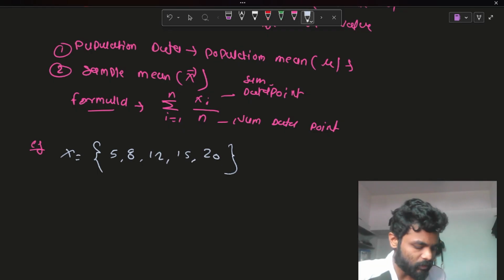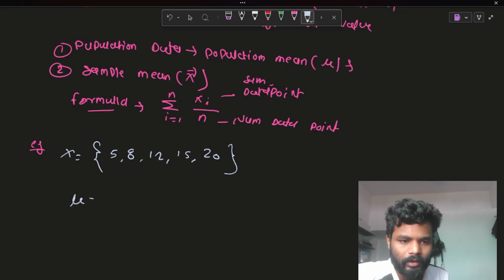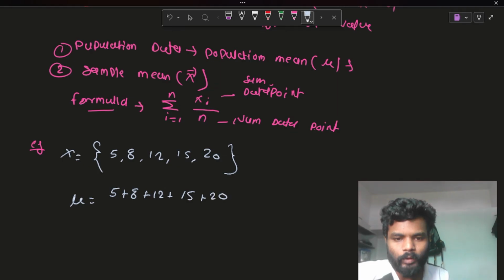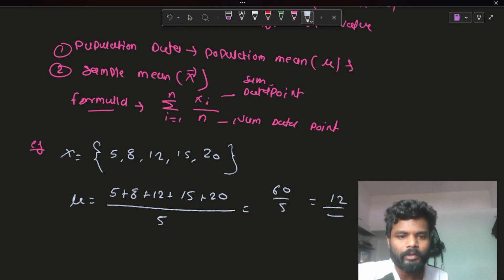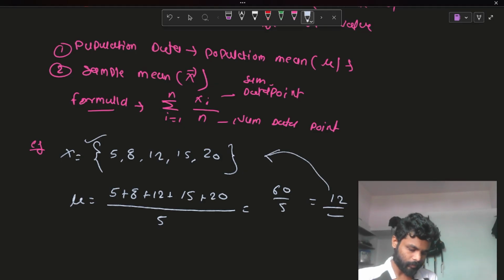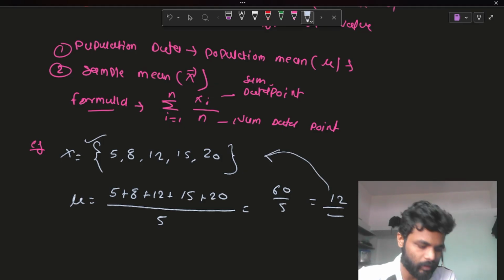We simply use this formula: mu equals the summation of the data points, that is 5 plus 8 plus 12 plus 15 plus 20, divided by 5. So we get 60 by 5, which means 12. So 12 is the mean of that particular data set.